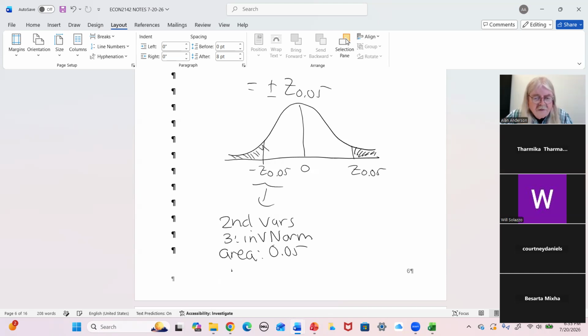And of course, the mean and standard deviation are 0 and 1, because this is the standard normal distribution. And you'll come up with negative 1.645. So this one is negative 1.645. This is positive.